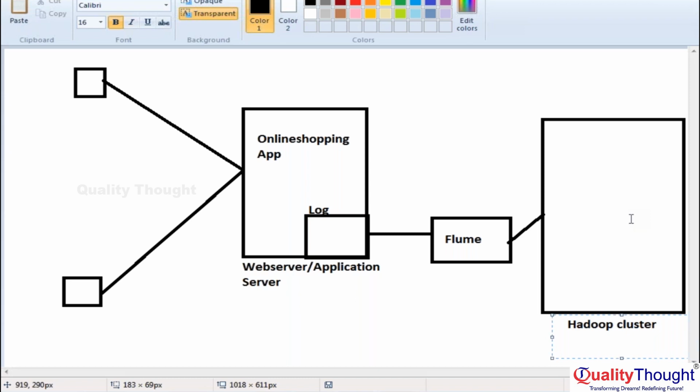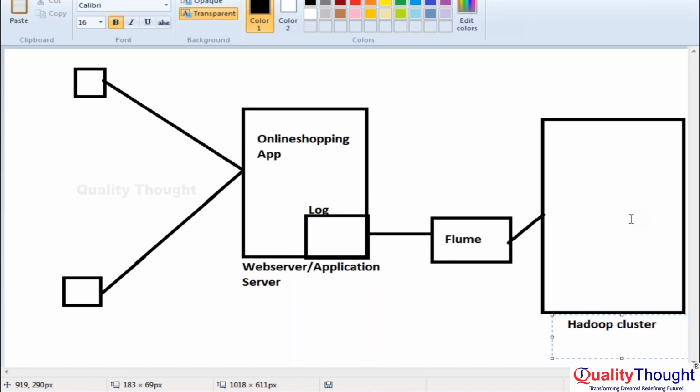Why are we writing streaming data into the Hadoop cluster? For some purpose. We have MapReduce applications, Pig scripting, Hive, and Spark. By using these technologies, we process this data.